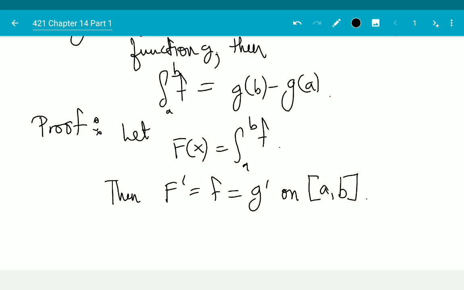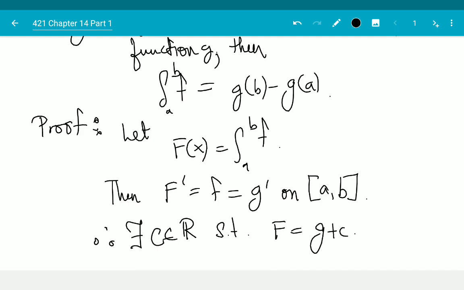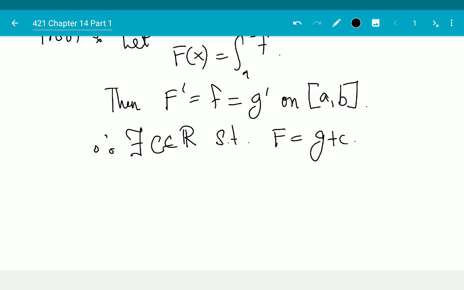This does not mean that capital F is equal to capital G. However, it means there exists some C in R such that F is equal to G plus C. Right? It just means that they differ by a constant.